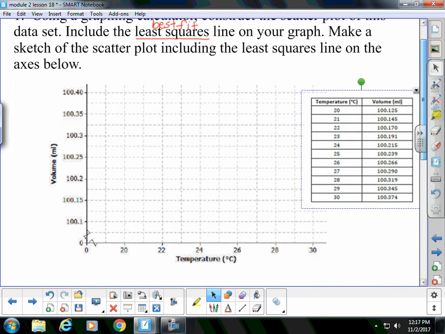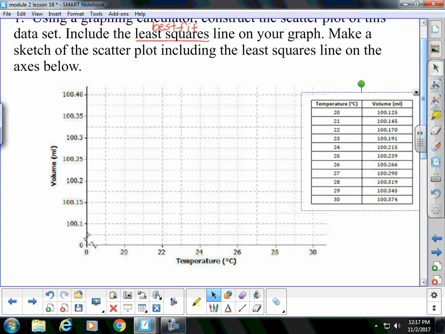Okay, so I'm going to show you something a little new today, because I said to make the scatter plot in our calculator, which I have not shown you how to do yet.